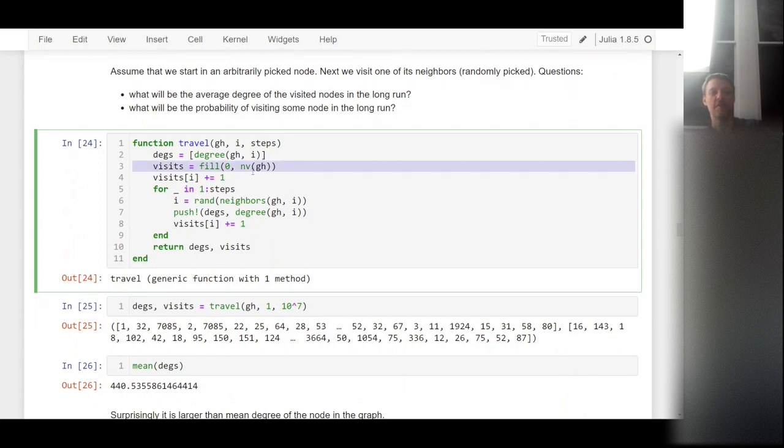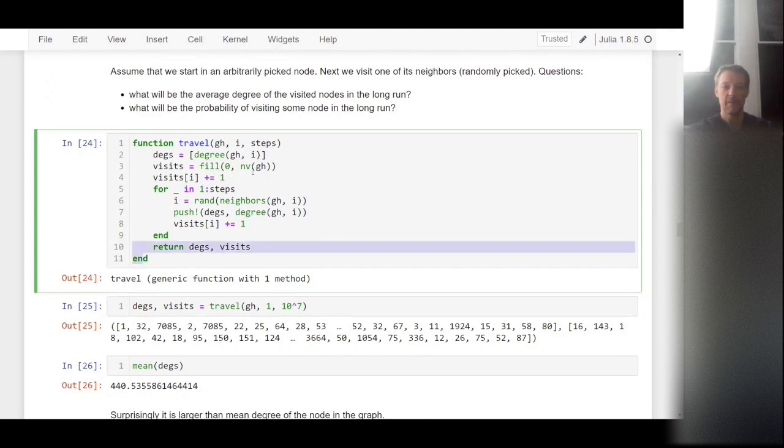So initially I fill this vector with zeros because I have not visited any node yet. But then I say, okay, I'm visiting now node i, so I increase the number of visits to node i by 1. So eventually what I will return from this function is two things: dex, which will be a list of degrees of nodes that I have visited, and vector visits, which will tell me how many times I have visited each individual node.